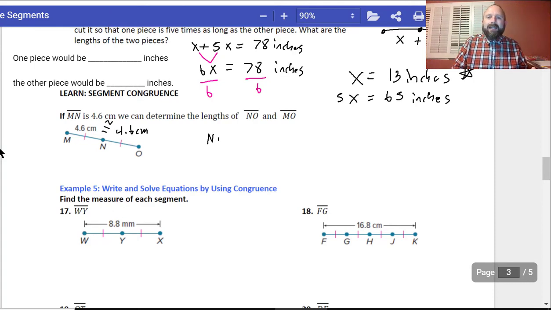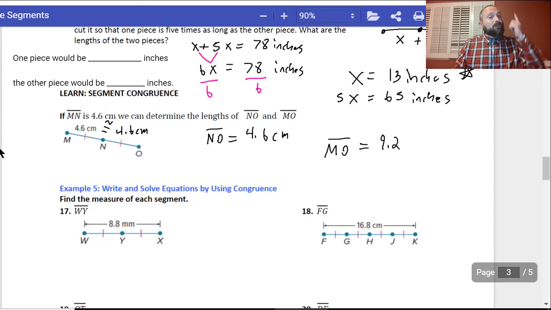So line segment NO has to equal 4.6. Now I could either add them together or multiply by 2 to get MO. MO would be 9.2 centimeters. Let's do 2, and I'll let you guys do 2.